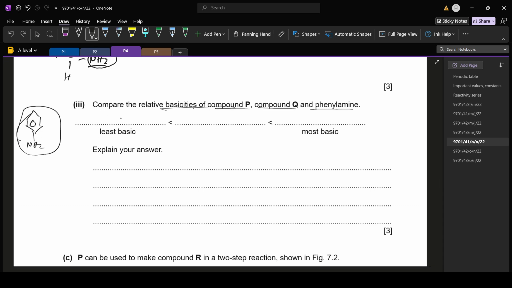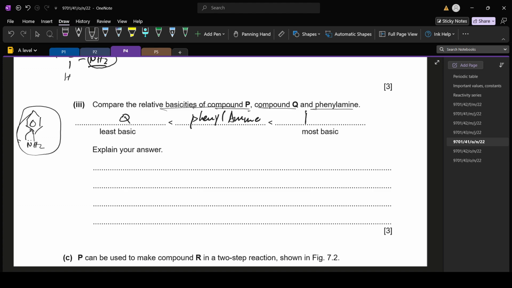So Q, you have Q over here. And then you will have phenylamine, because in phenylamine this lone pair on nitrogen will delocalize into the ring.